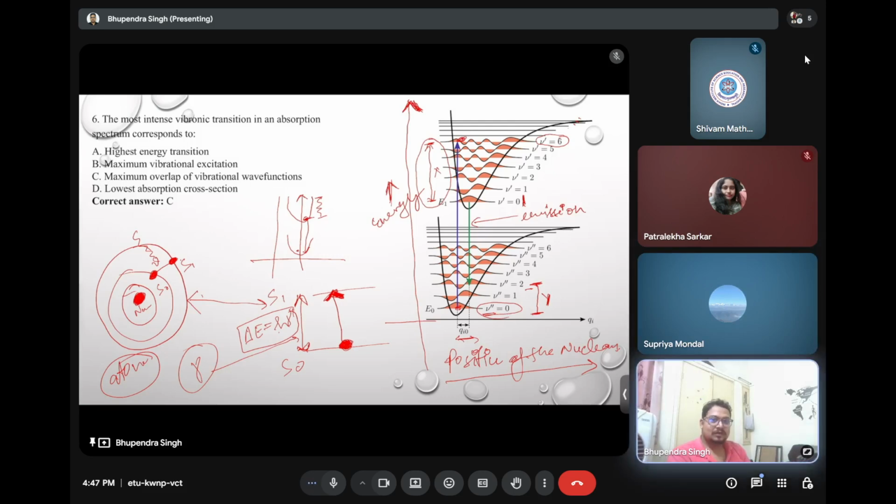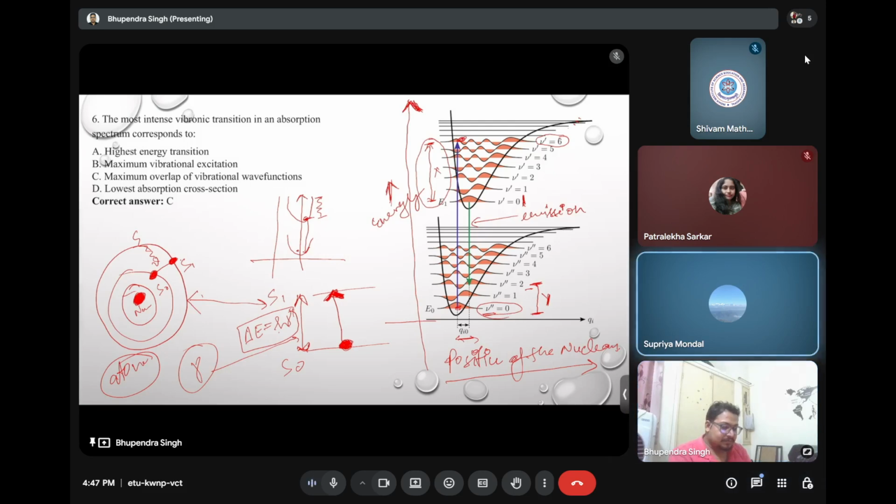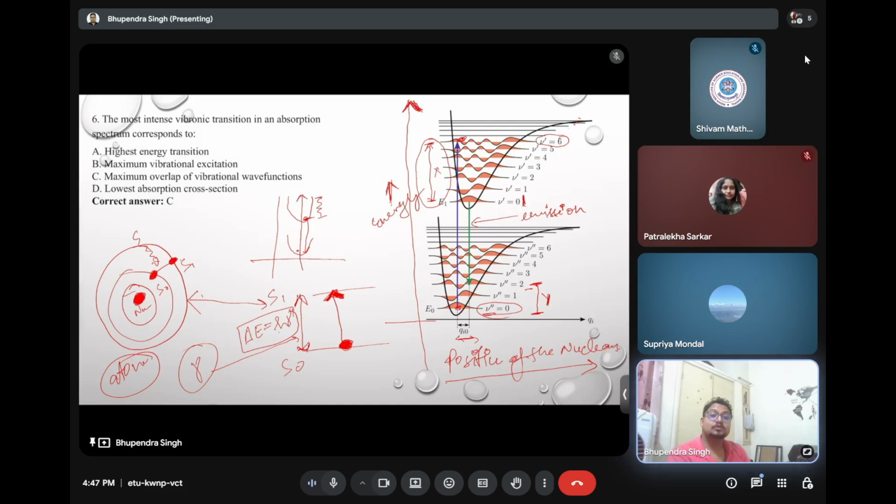So that wavelength where these wave functions will overlap with each other will be the highest, most intense peak that we call the maxima, absorption maxima or emission maxima.